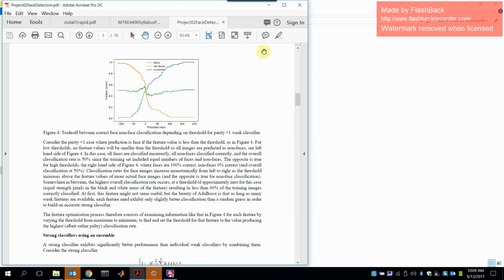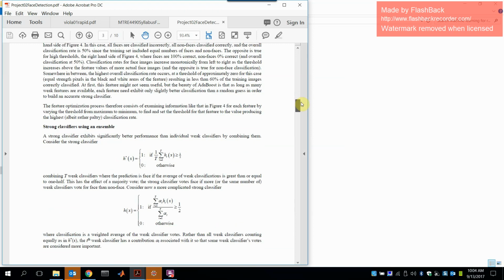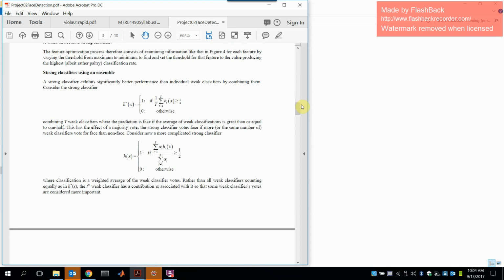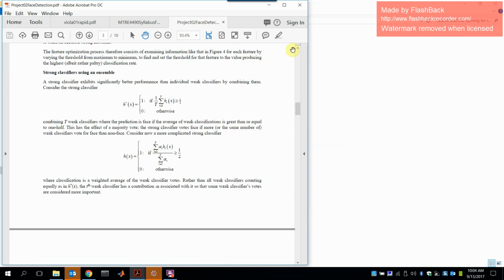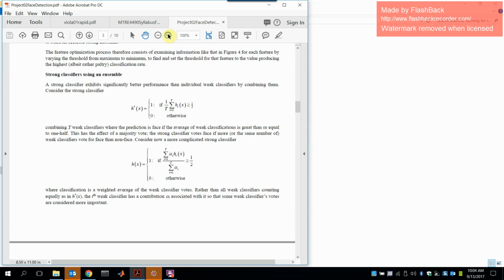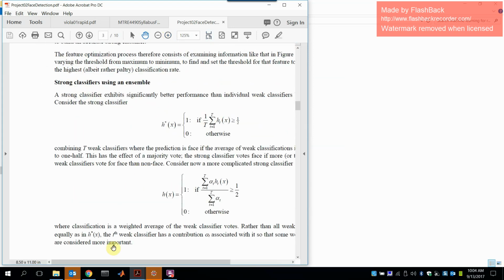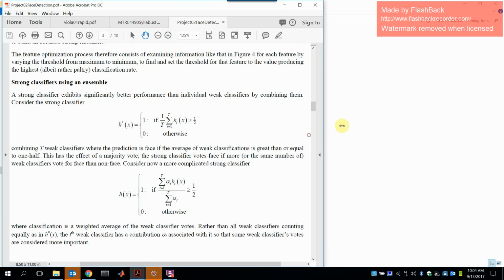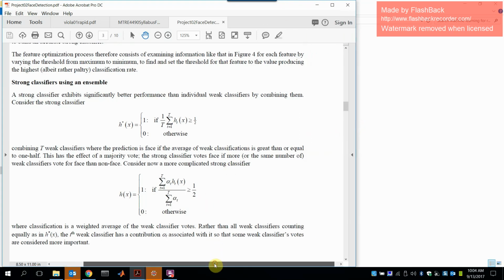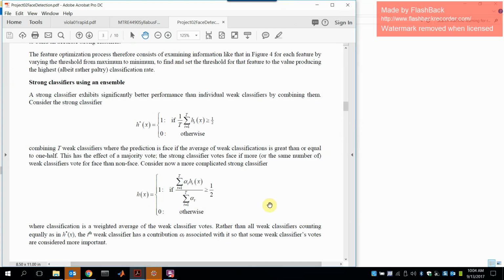Then we need to work on putting together the weak classifiers into a strong classifier. The idea is an ensemble, where you combine many weak classifiers to sort of have a vote. The different weak classifiers are going to vote.